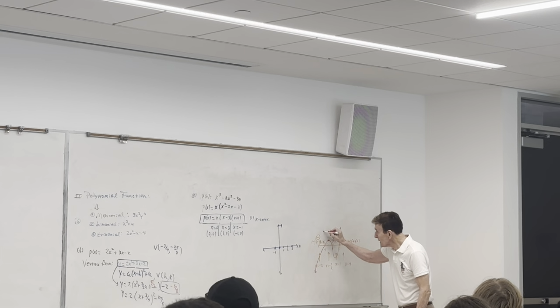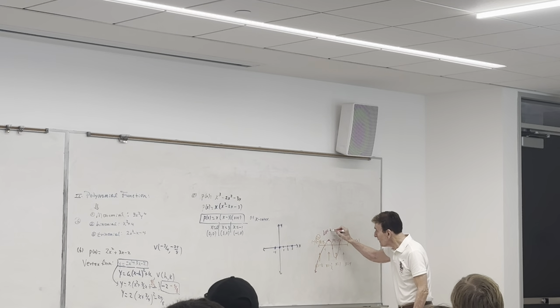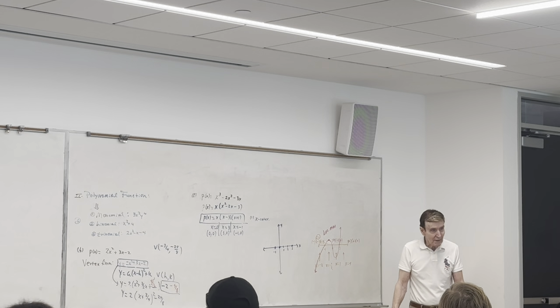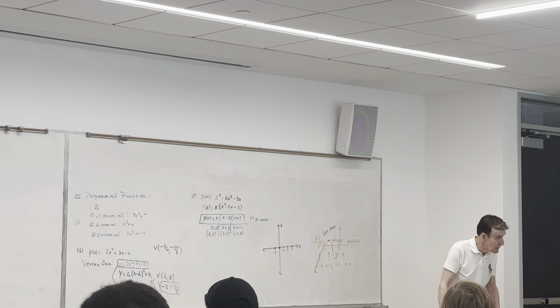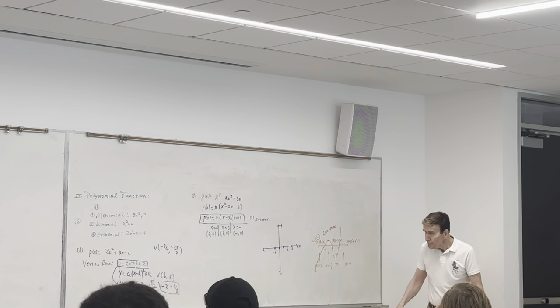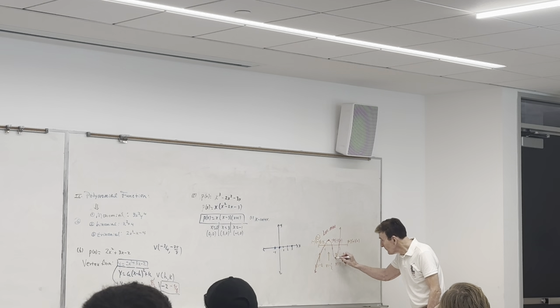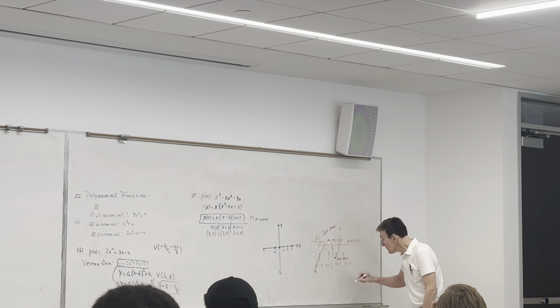Definitely. I don't know where it is. Is there a point that you might identify as a local min on this graph? Looks like it's in here somewhere. This is a local minimum value down there.